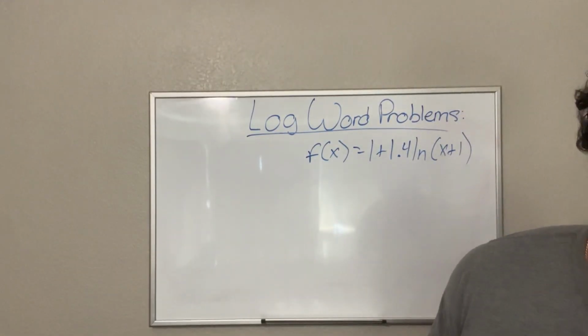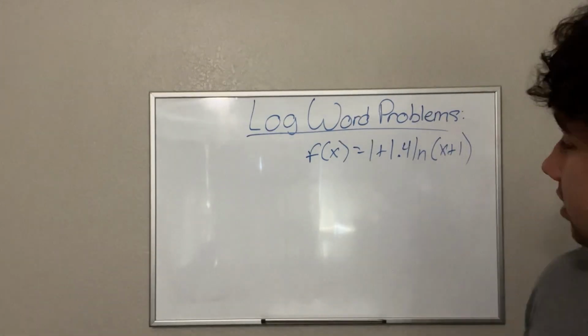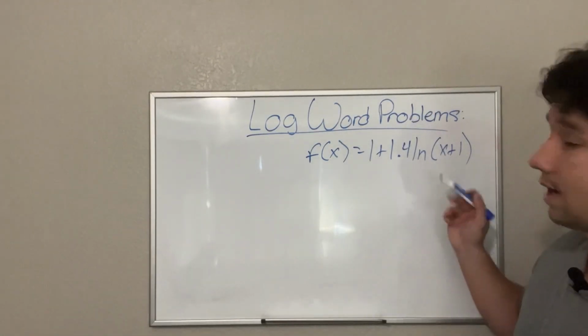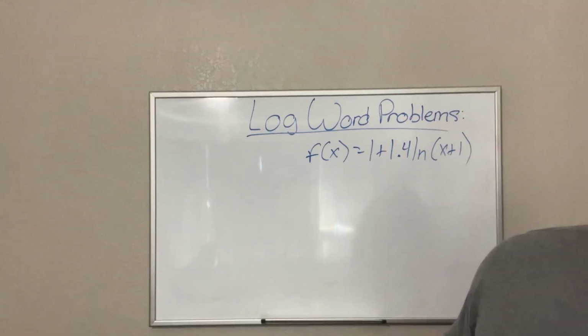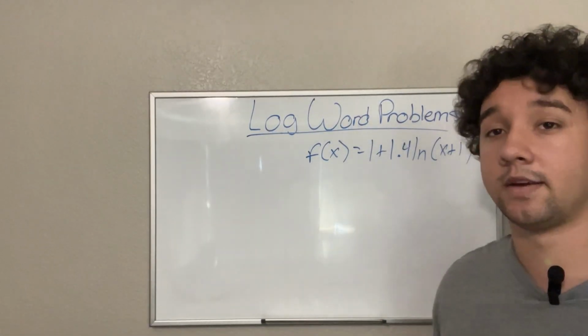Well, in this case, x is the number of consecutive days the basketball player has practiced for 2 hours. Okay, so that's just the number of days. x is equal to number of days. What we're trying to find is, after how many days of practice can the basketball player make an average of 9 consecutive free throws? So the thing that we're given in this case is 9 consecutive free throws.